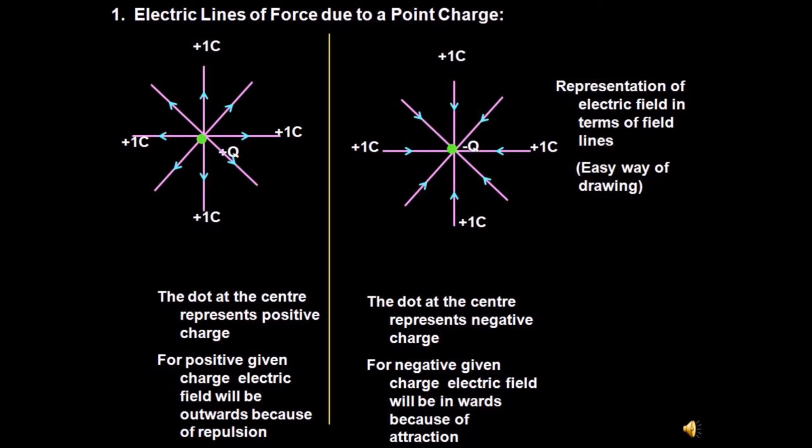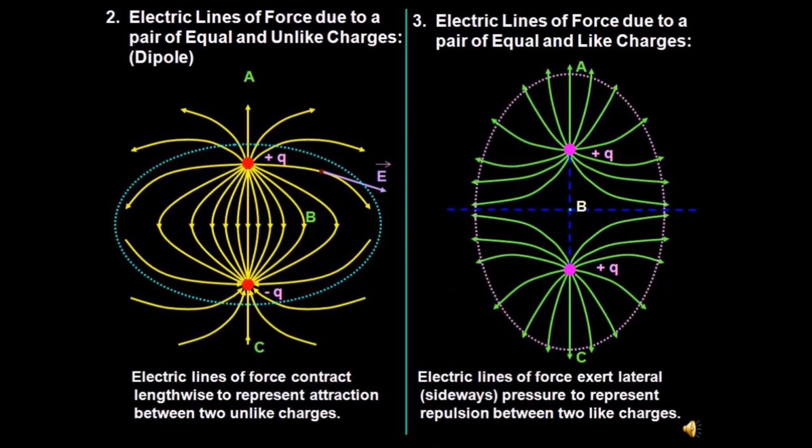So we will place a unit positive charge everywhere around it. Now the positive charge will get attracted towards the negative charge at the center. So the electric field lines are inwards. So this is the second type of electric field lines. We have drawn here the electric field lines for a positive charge and for a negative charge.